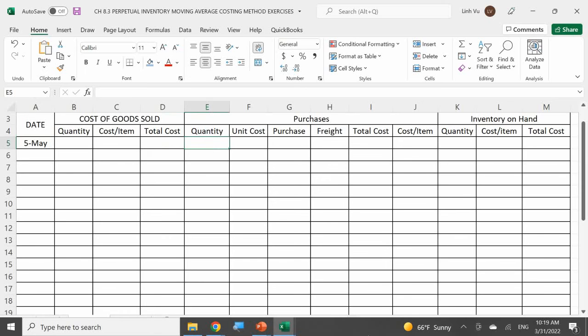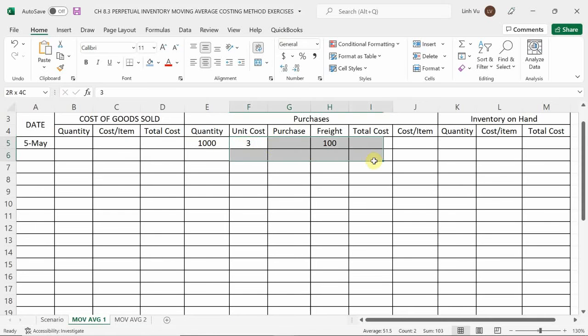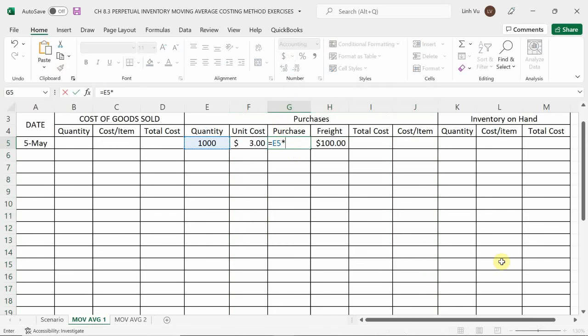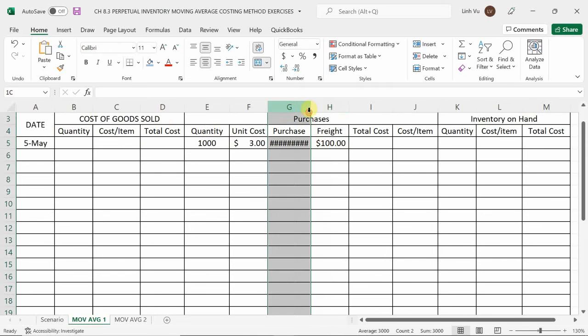We purchased 1,000 units at $3 each with a freight of 100. So in this case, what is my grand total purchase? $3,000, okay?